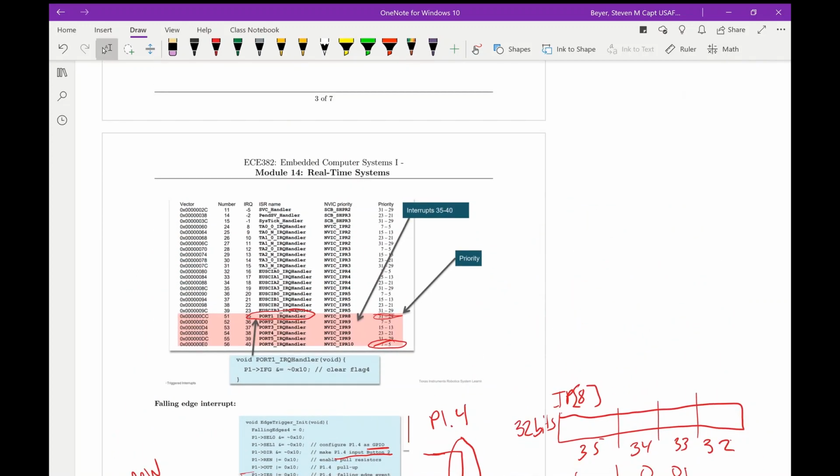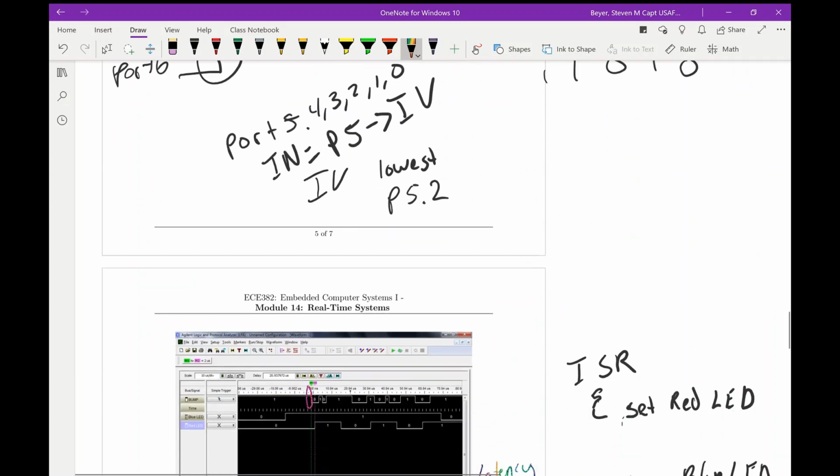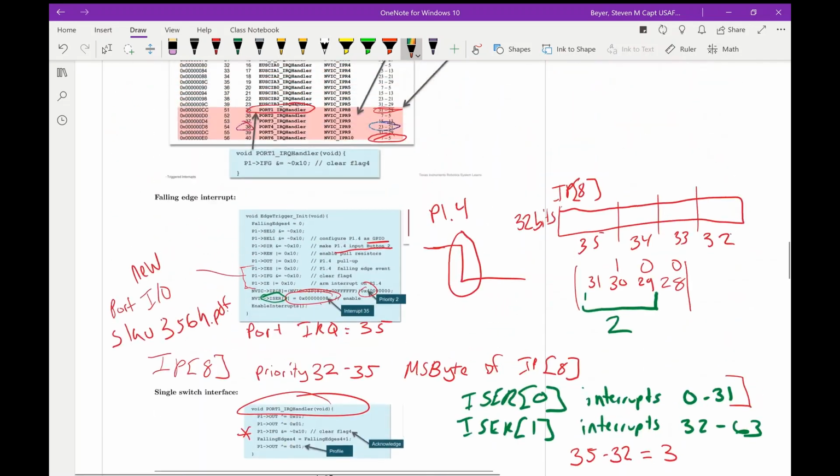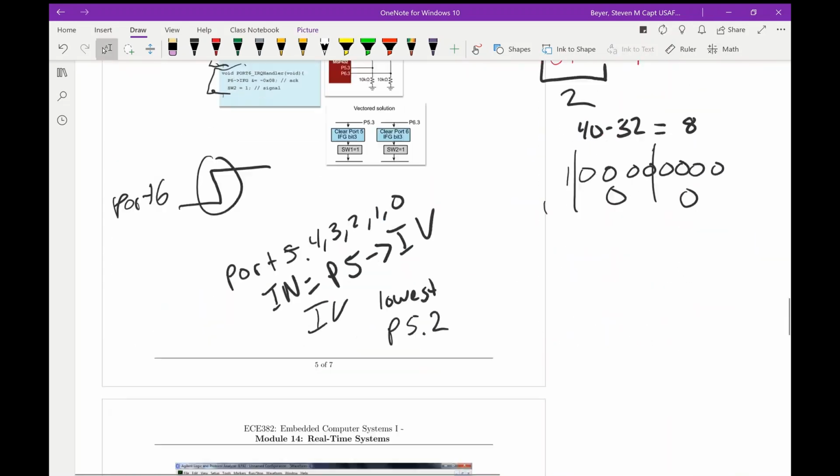Port 4 is 38, with priority bits 23 through 21.